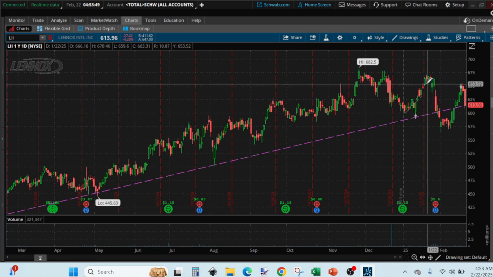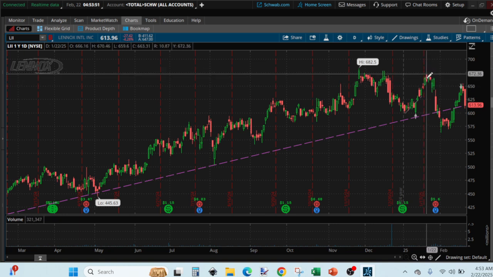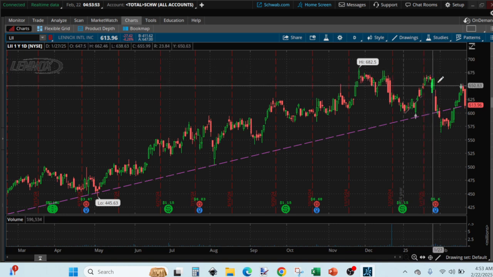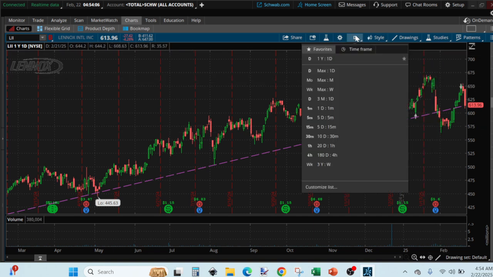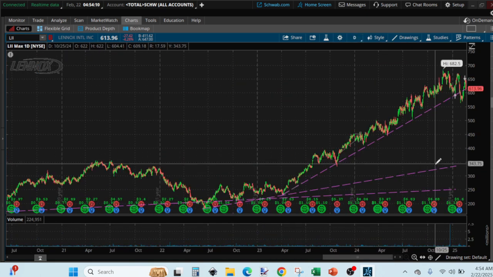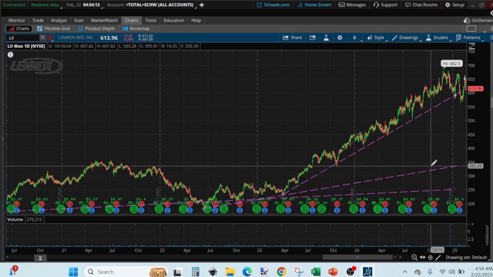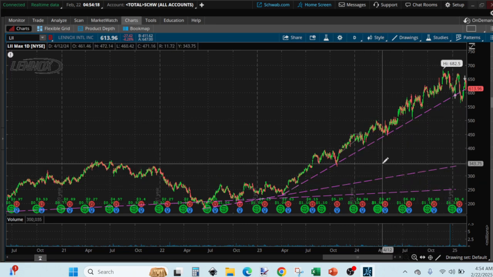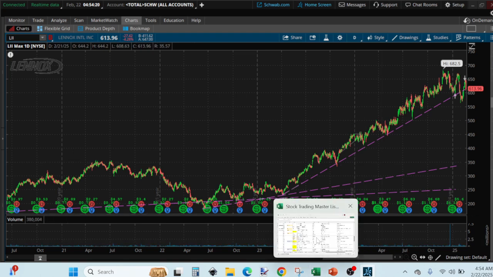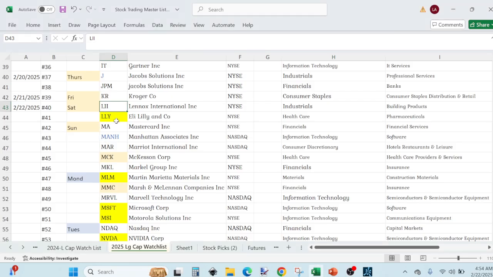We could have made that same profit around this area and just lost the excess here, but we had to stay in it for a while to be able to make that profit, since we didn't get out at some point here. So we are going to go back to maximum. You can see that on the 1 year daily chart, we are not seeing the two lower trend lines, since it hasn't touched base with them within the 1 year time frame. So we are going to go to the next one, and the next one is LLY.